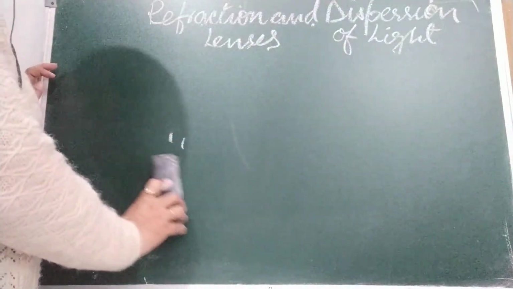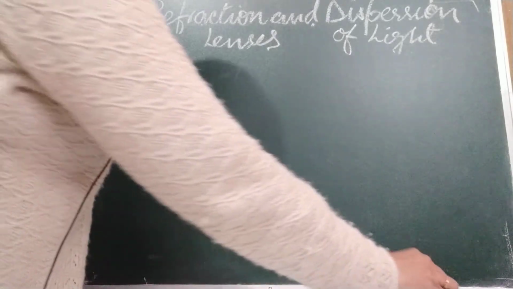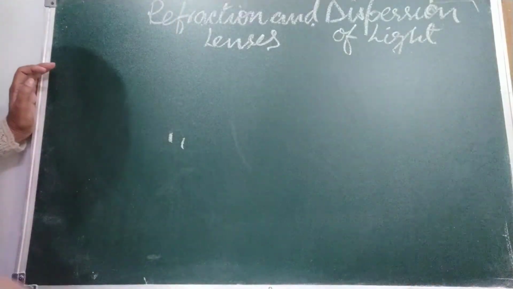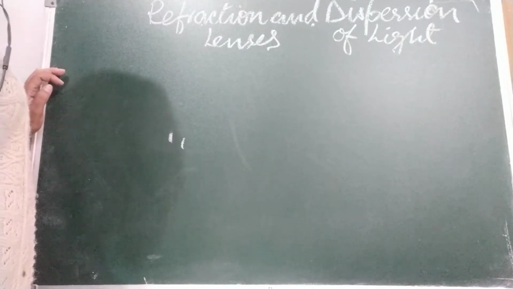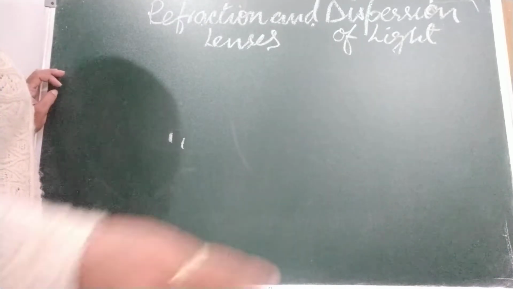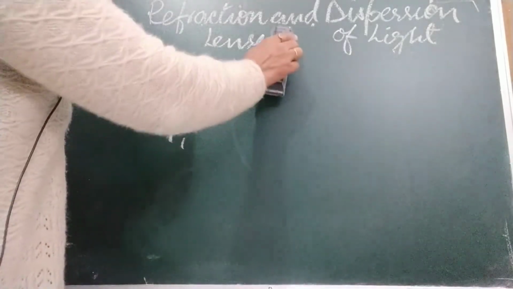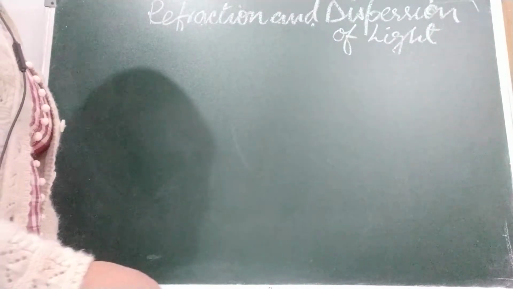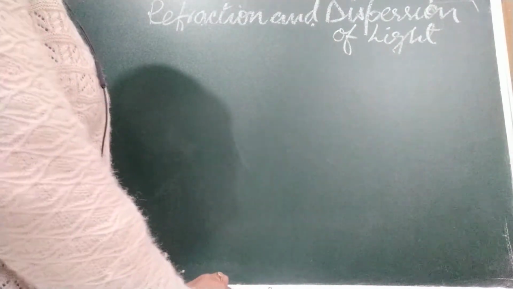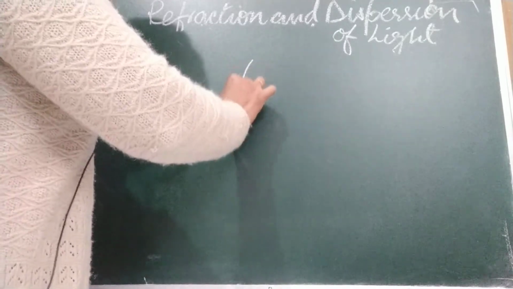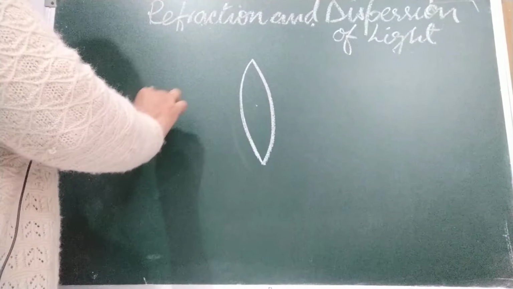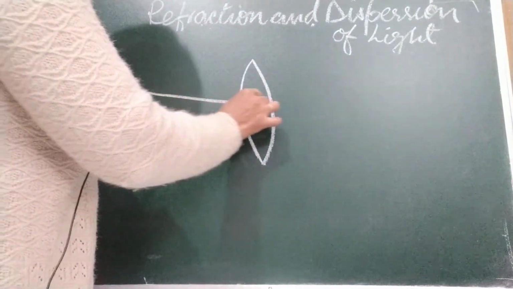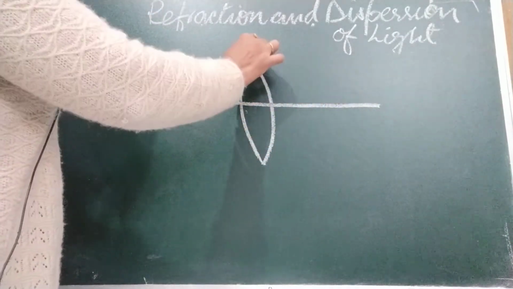Now we are going to see how images are formed in the convex lens when the objects are placed at different positions. First we take an object very far off, like the sun, at infinity. We also call it a magnifying glass. Children, we are going to draw it like this in the center.